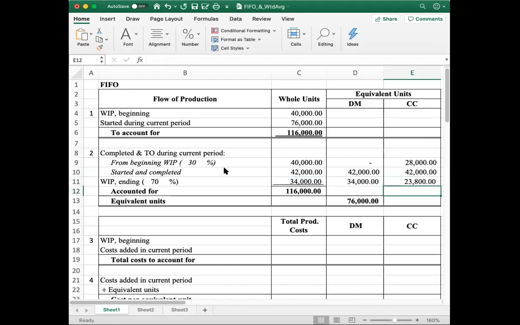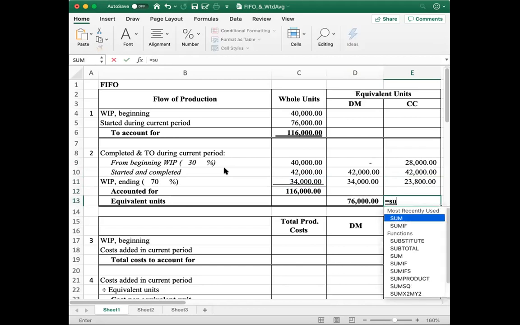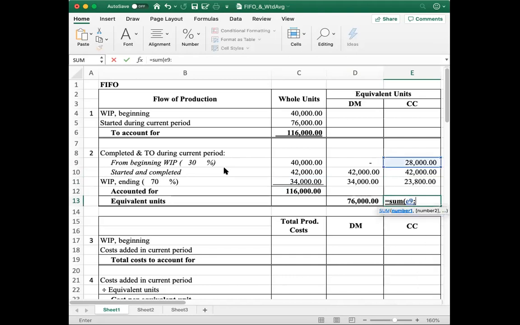Gives you 23,800. Now you sum this, from E9 through E11. And that gives you 93,800. 93,800 are the equivalent units for conversion cost.